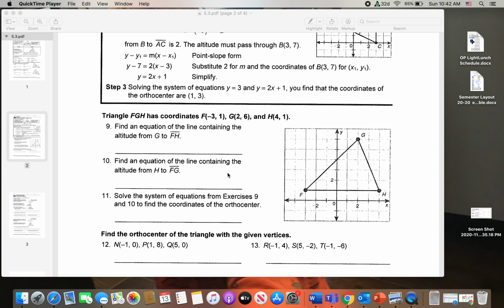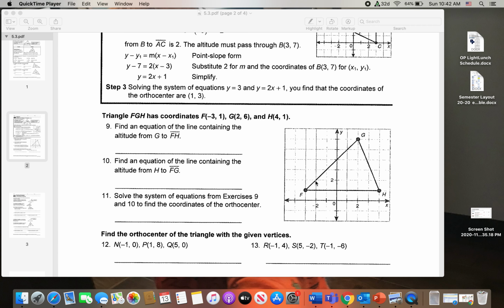And so it talks about using equations of lines on here. We're not going to do that so much. We will notice that the equation of the line containing the altitude from G to FH goes up and down, y equals 2. The equation of the line containing the altitude from H to FG is a lot more complicated, and we'd have to go through this process.